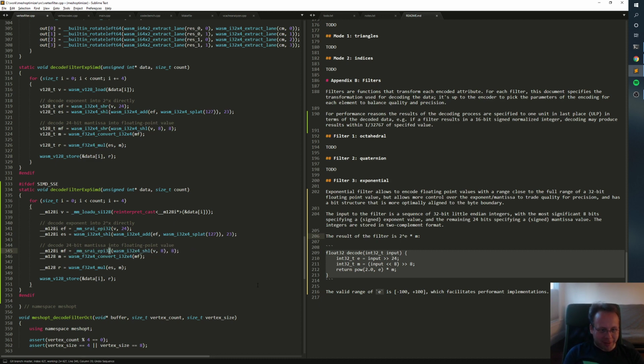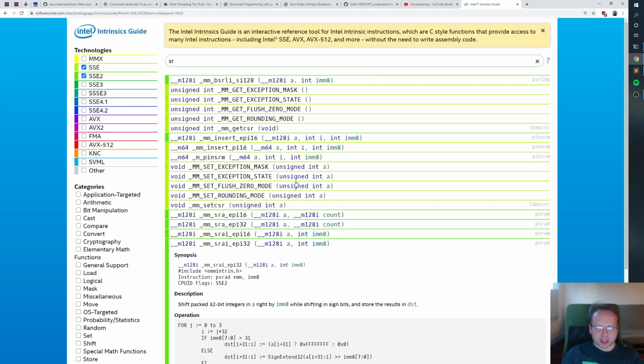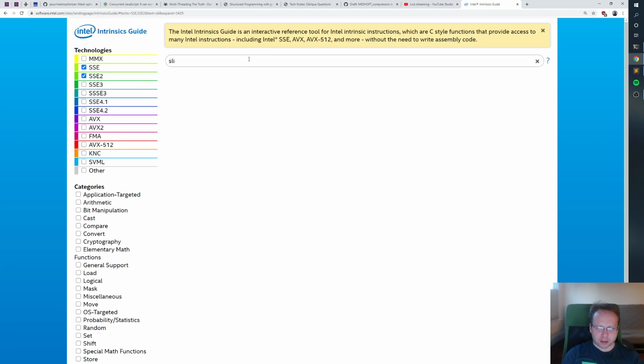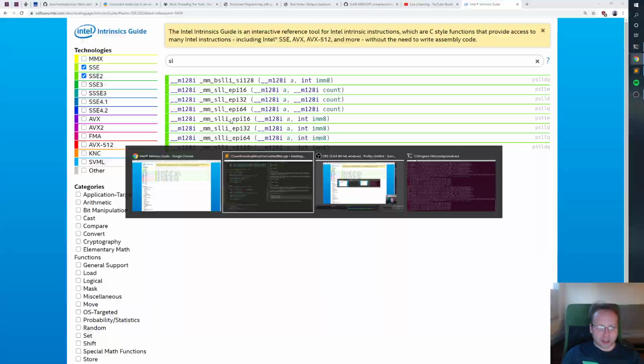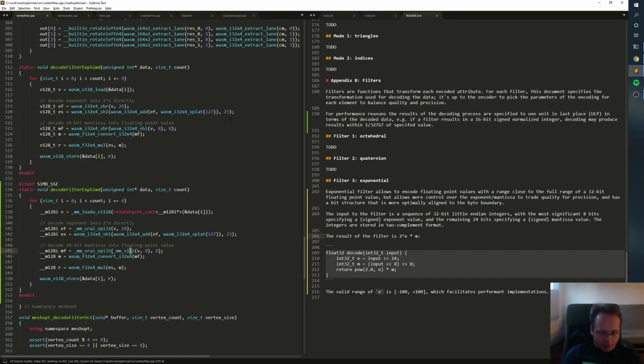And so I'm going to be looking things up. I'm assuming there's just an SLI. SLLI, okay, whatever. For left shifts, as usual, there's 1 of them, but for right shifts there are 2 of them: logical and arithmetic.